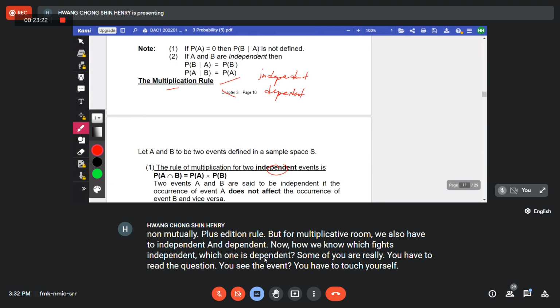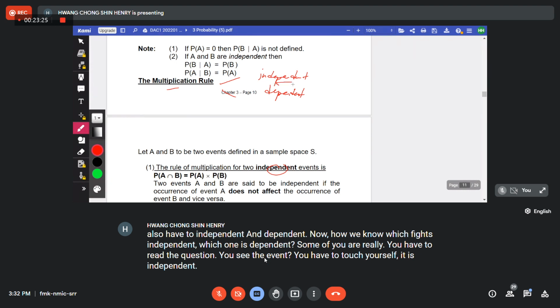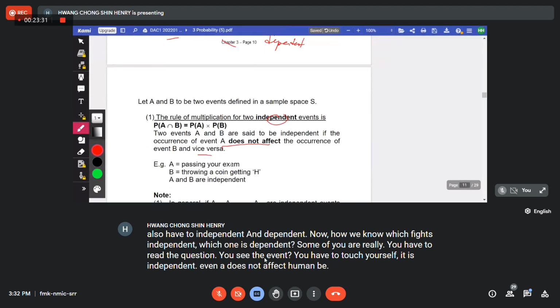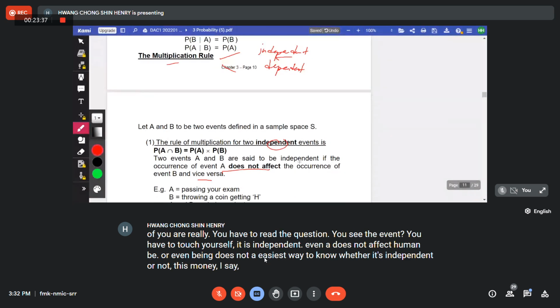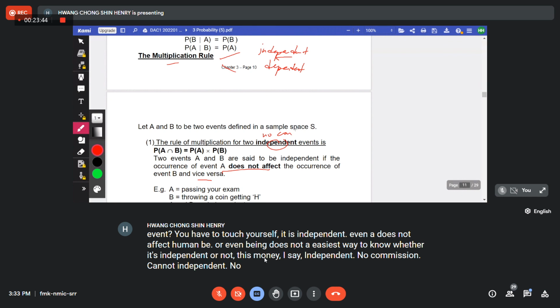If it's independent, event A does not affect event B, or event B does not affect event A. The easiest way to know whether it's independent or not, this morning what did I say? Independent, no condition, correct or not? Independent, no condition. Because I mentioned this morning, condition means something must happen first.